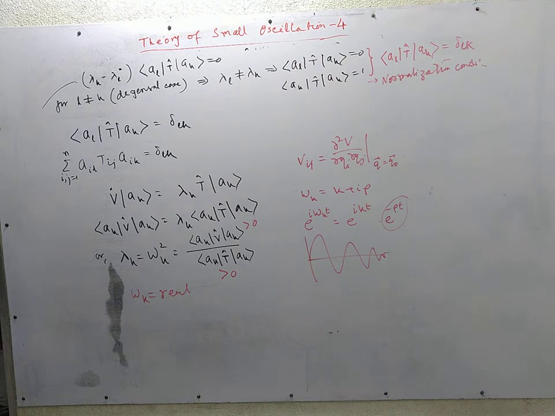So we shall continue our discussion in the next class. Let me summarize what we have done in this class. We first solved the eigenvalue problem, so we got the secular determinant which gives the values of eigenfrequencies.